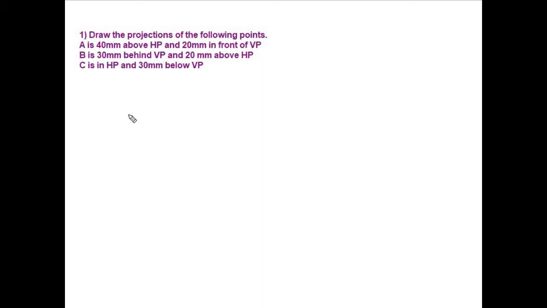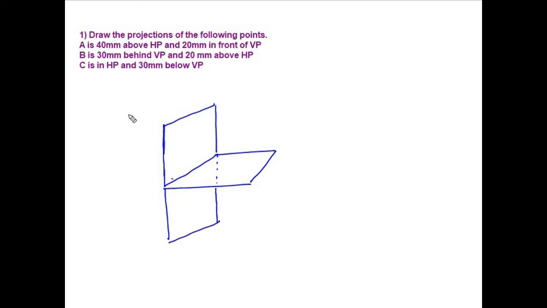Here, first let us draw the four quadrants. This is the first quadrant, and I have the vertical plane, and this is my horizontal plane, and this is the reference line XY.